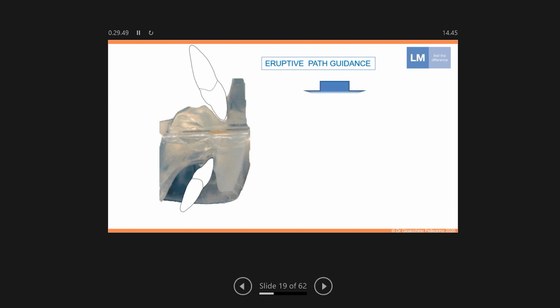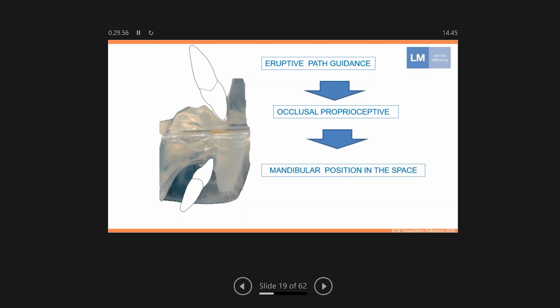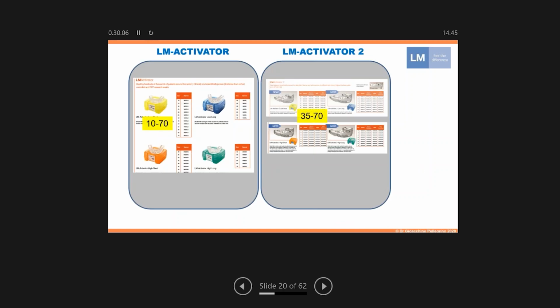So we can guide the erupting path of the teeth, use the occlusal proprioceptive information, and moreover, guide the mandibular position in space, so as to work with the growth of this part. And this is the reason for which we have several colors and several sizes of the appliances.